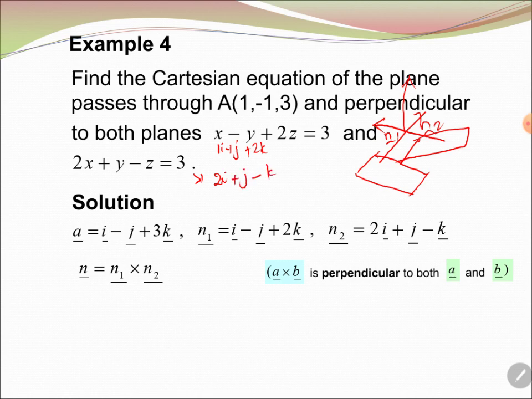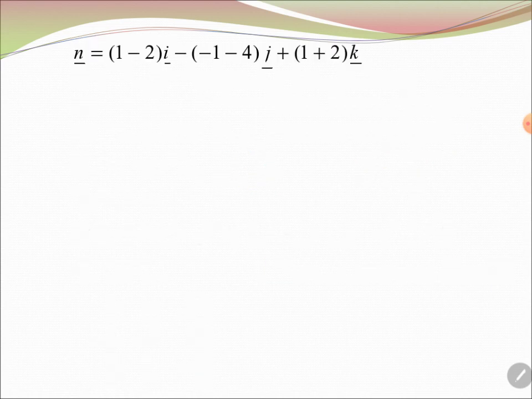Okay, so for the cross product between these two vectors, we have i, j, k, 1, negative 1, 2, and for the second normal, 2, 1 and negative 1. And then calculating, we will have negative i plus 5j plus 3k as the normal of the plane we want to find.